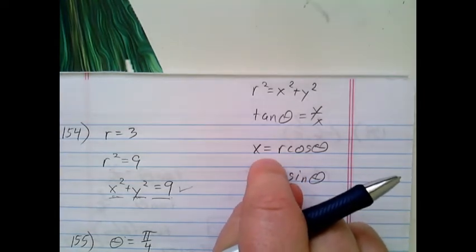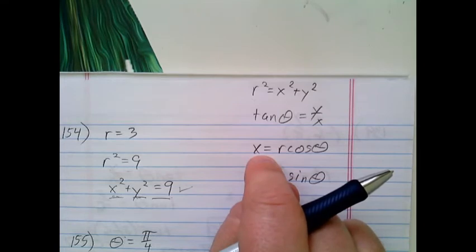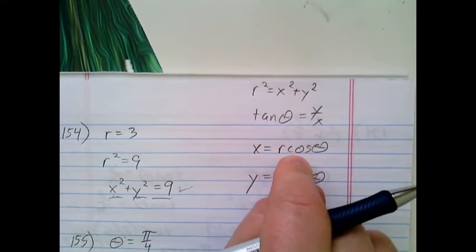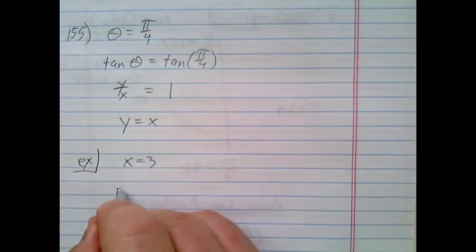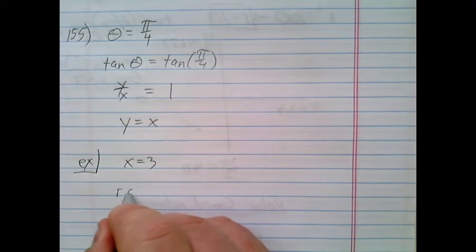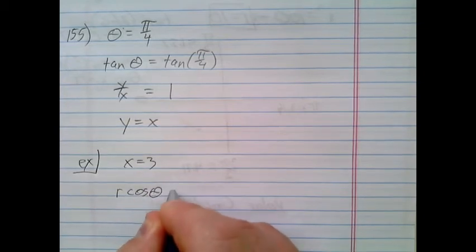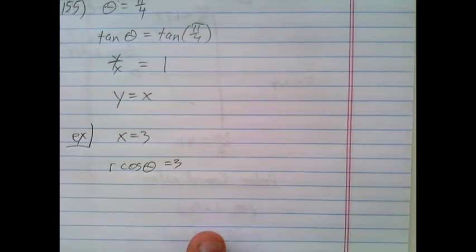So this one seems well suited because it allows me to replace x with polar stuff, r and theta. So since x equals r cosine theta, I can replace the left-hand side of this equation with r cosine theta. And now I've really done what I was supposed to do. Okay, but one more step.